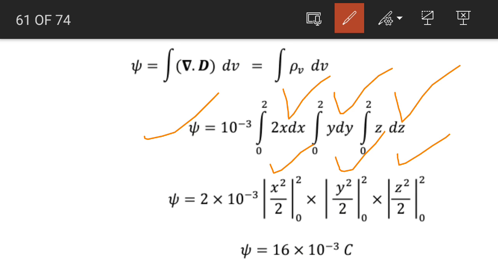So there is a charge of 16 into 10 raised to power minus 3 coulomb inside this closed box, and definitely according to Gauss law, the electric flux passing through this closed surface in the outward direction will be equal to the charge inside this closed surface.